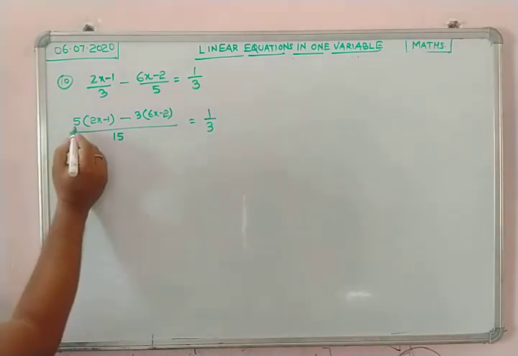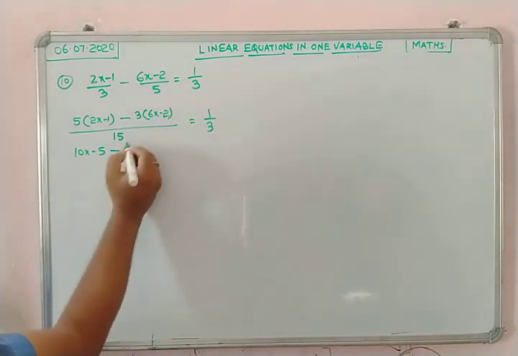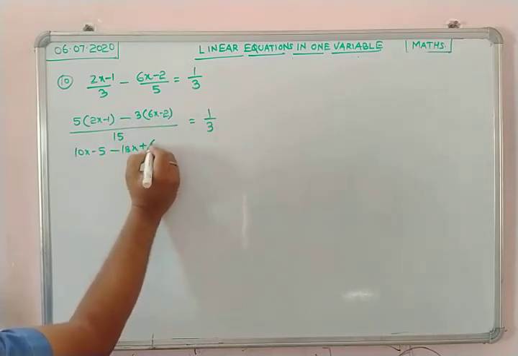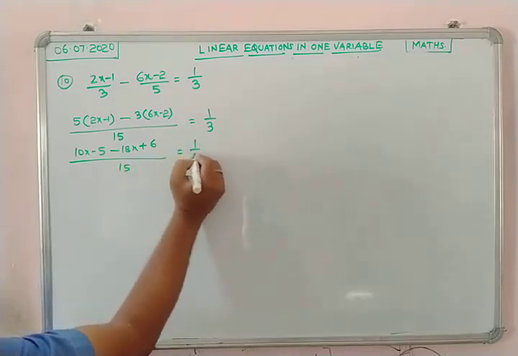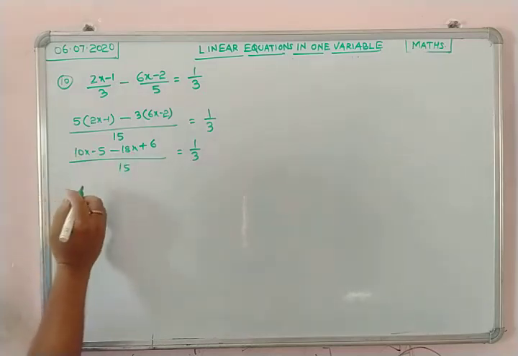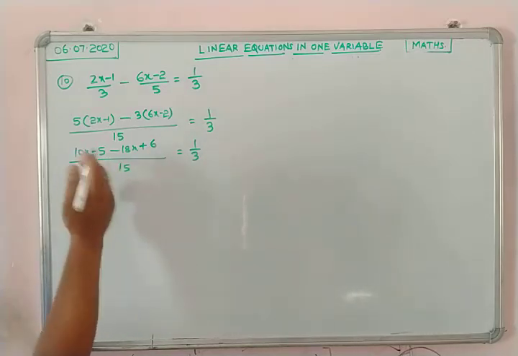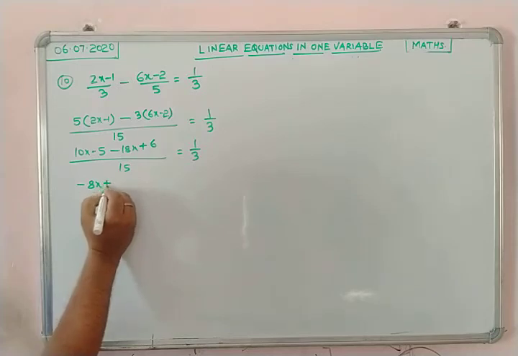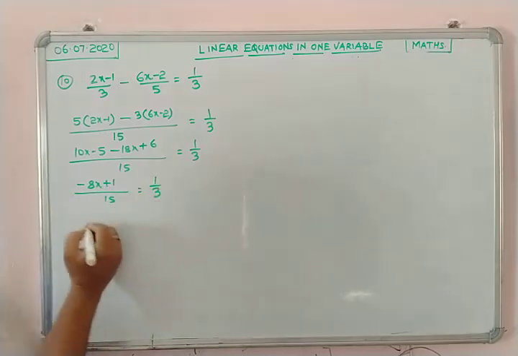Now 5 into 2x is 10x minus 5, minus 3 into 6x is 18x, minus into minus is plus 3 times 2 is 6, by 15 equals 1 by 3. So 10x minus 18x is minus 8x, minus 5 plus 6 is 1, by 15 equals 1 by 3.